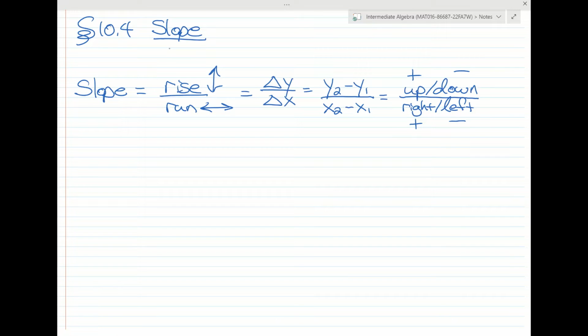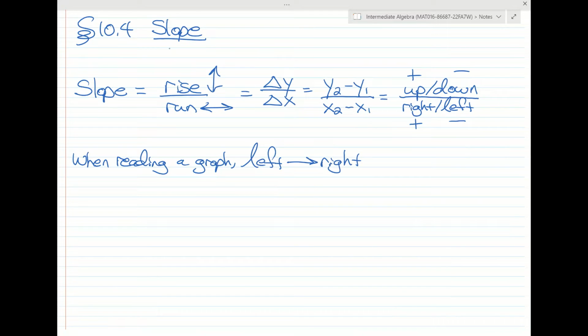So that gives you a few different ways to think about slope. When reading a graph, just like reading a book, we always go from left to right.